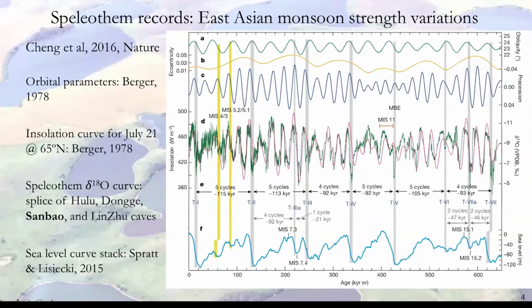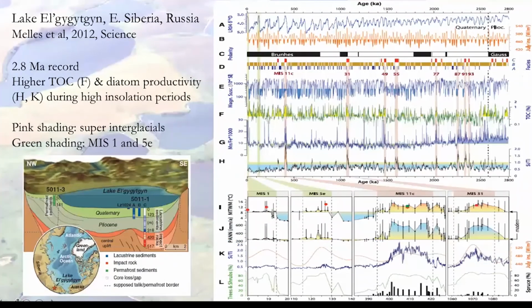Okay, some of the really long-lived lakes, like Lake El'gygytgyn, a crater lake, have a record going back 2.8 million years. I tried to stretch the record as much as I could horizontally. You can see that total organic carbon and diatom productivity are high during the high insolation periods.